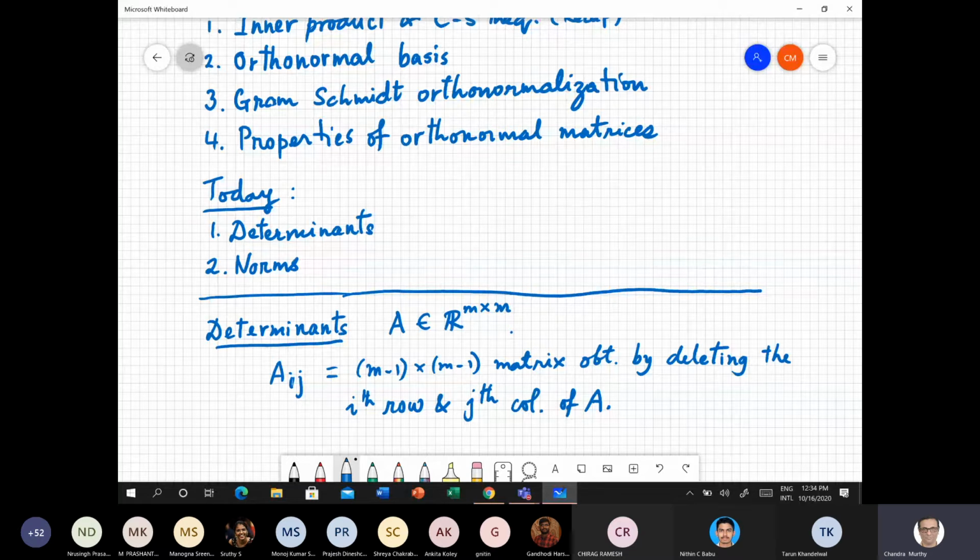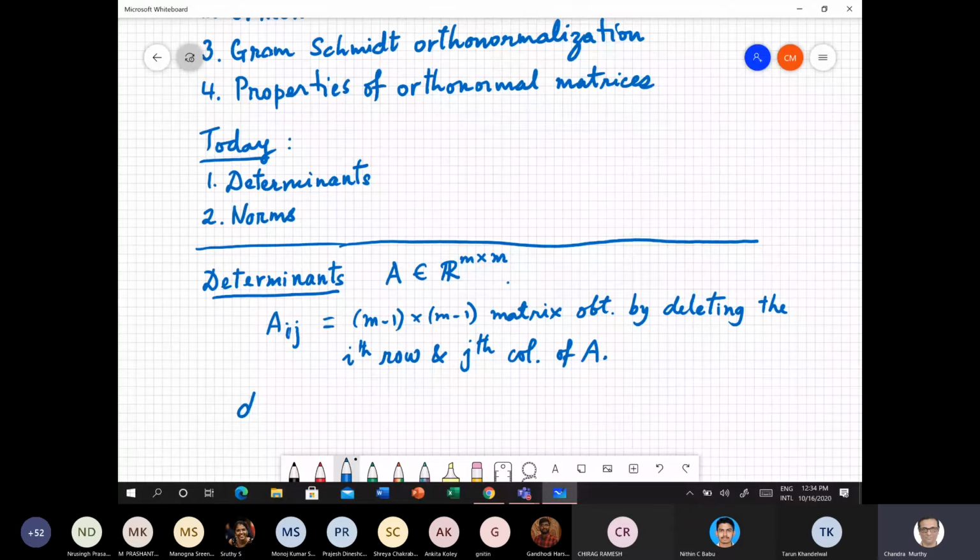Then we define the determinant of Aij, the determinant of a slightly smaller matrix, to be the minor associated with the element small aij.